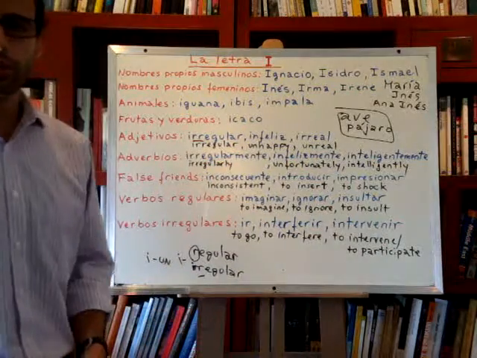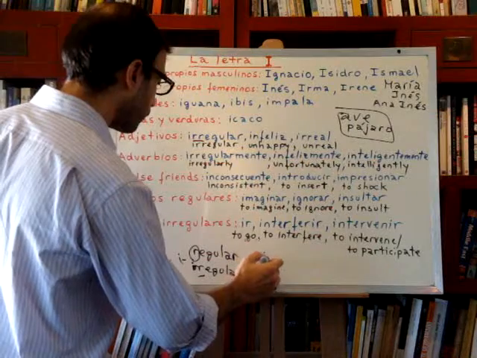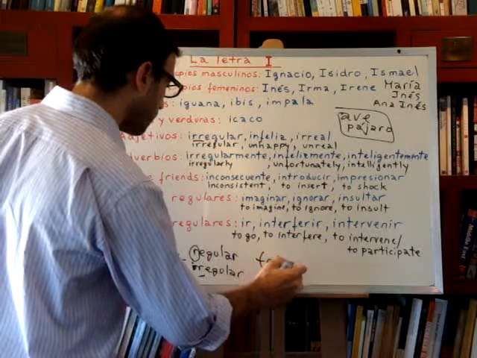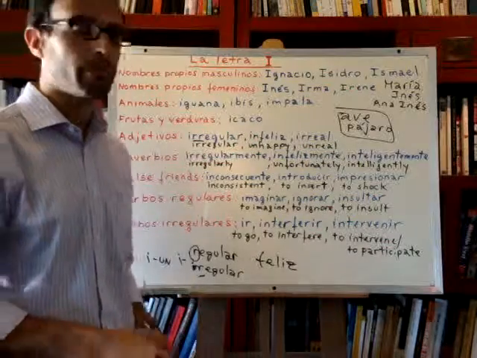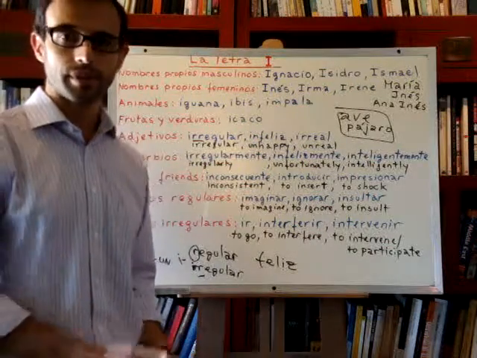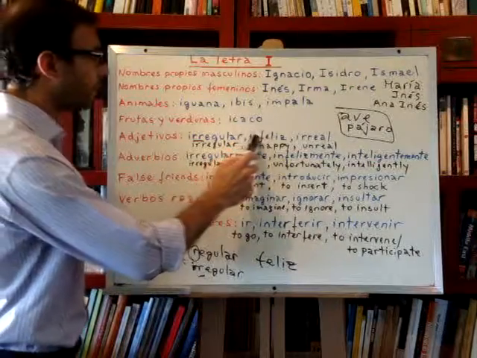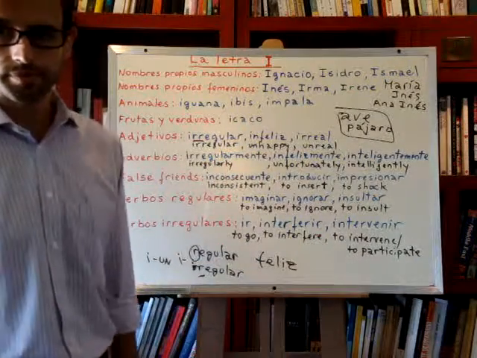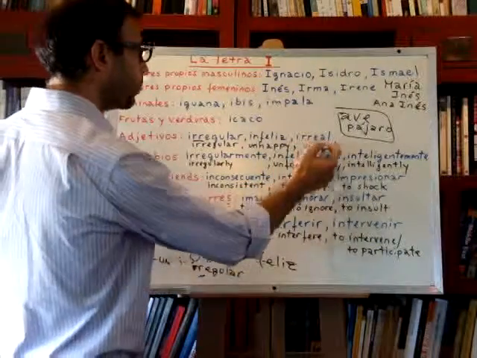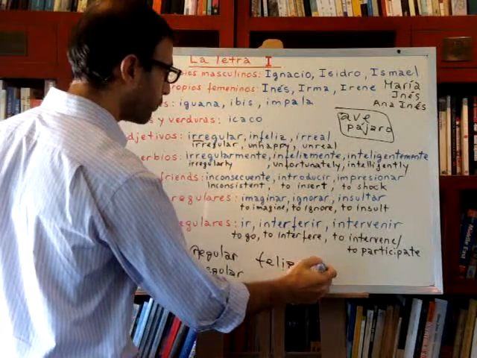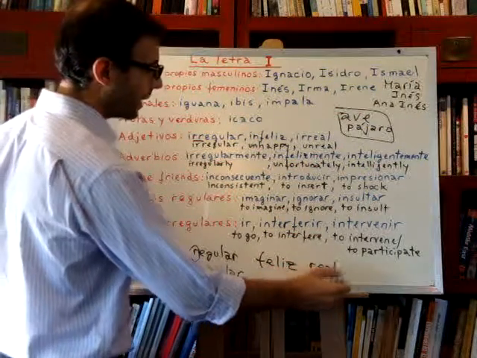Infeliz would be the opposite to the word feliz. Feliz means happy, right? Actually, felicidad is happiness, and feliz is happy. So, infeliz is unhappy. Then we have irreal, which means unreal. The word for real is real.